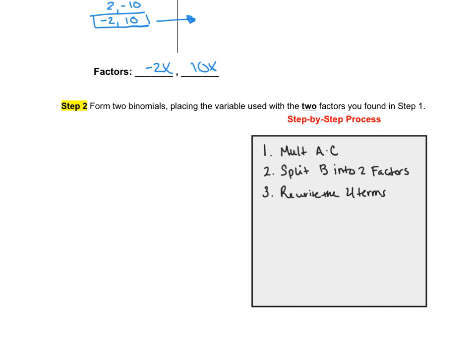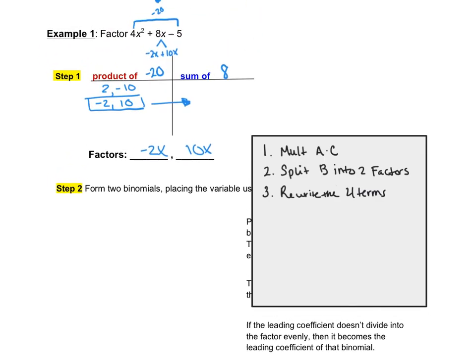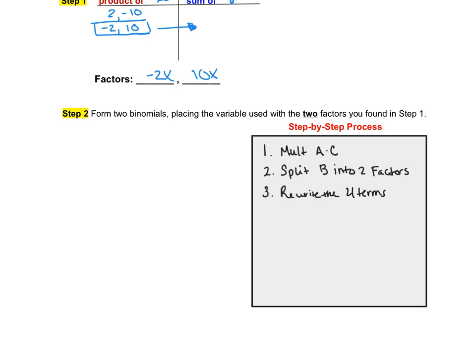We have already multiplied a times c. We split the b into two factors. Now I'm going to rewrite those four terms. 4x squared plus 8x minus 5.